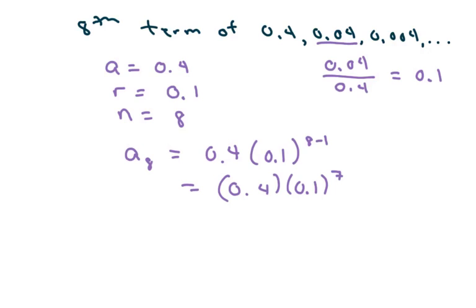You can do it that way if you want. And that's going to equal 0, and we should have 7 zeros: 1, 2, 3, 4, 5, 6, 7. And then we have 4 times 1 is 4, or you could have used the calculator.